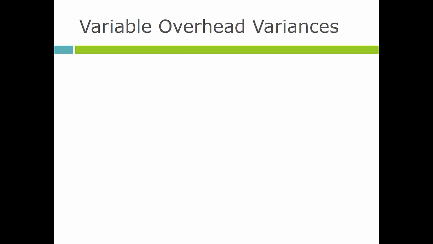Okay, the variable overhead variances. We've got the variable overhead cost variance, which is the actual cost minus the standard cost, so the difference between what we thought we were going to have to pay and what we actually paid, times the actual quantity.